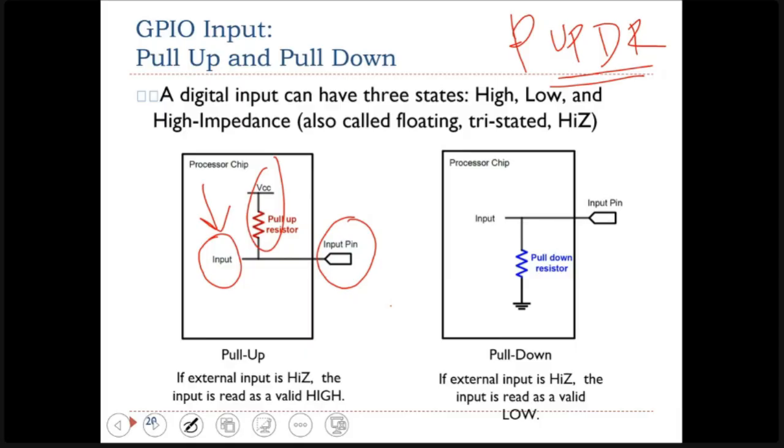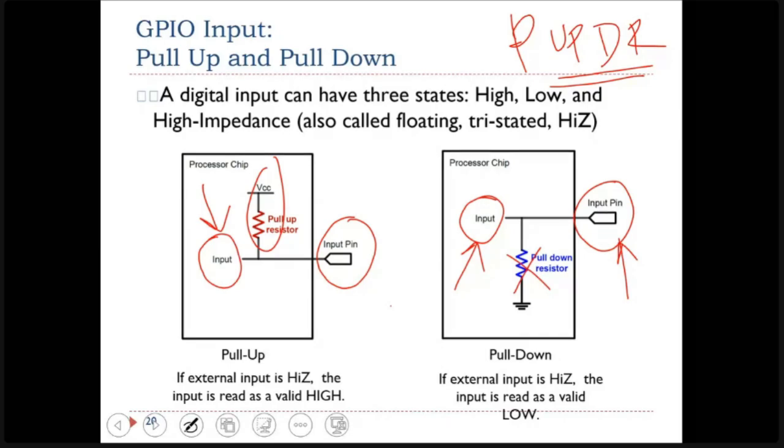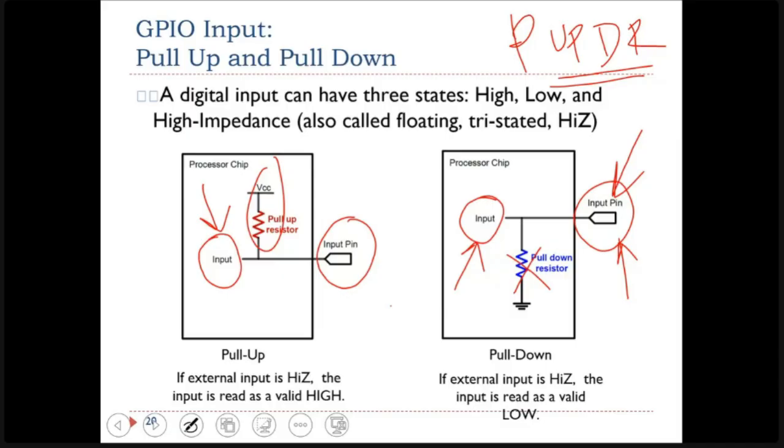Same as this. If you had a high impedance value here at the pin, you would see a high impedance value here internally if you didn't have this pull down resistor. So in order to avoid that kind of scenario, so that even if we have a high impedance value at the pin, it either gets pulled up to a valid high or pulled down to a valid low, we make use of a pull up or a pull down resistor.